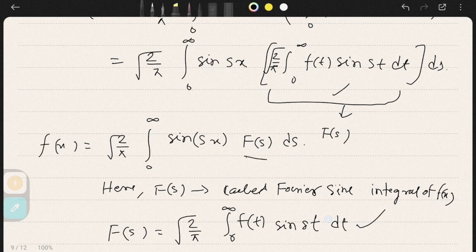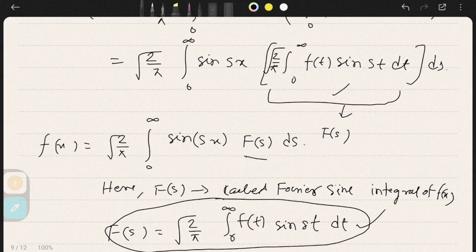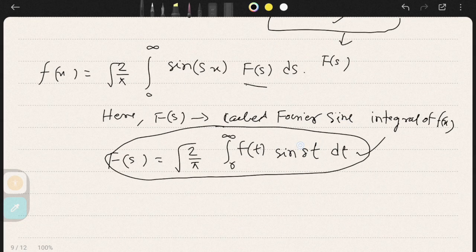Yeah, that's it. You just use this formula to find the Fourier sine transform of a function, and this is the inverse, of course.